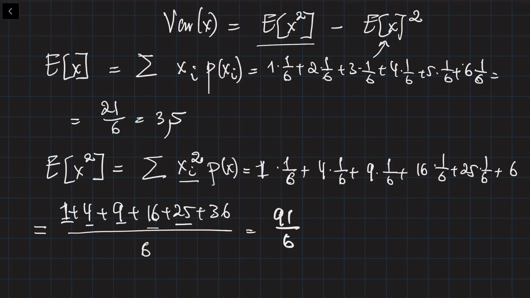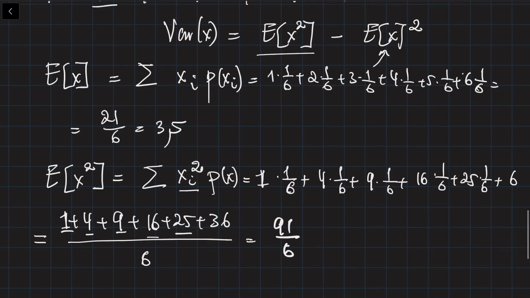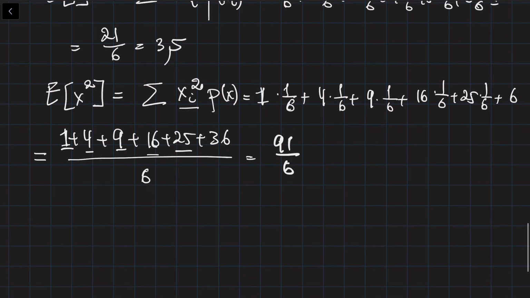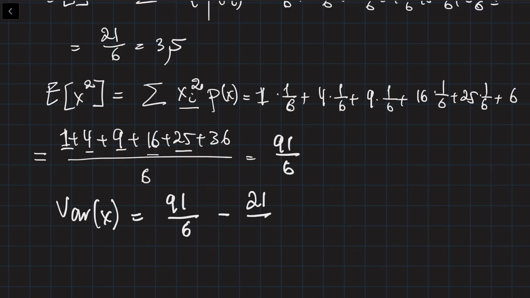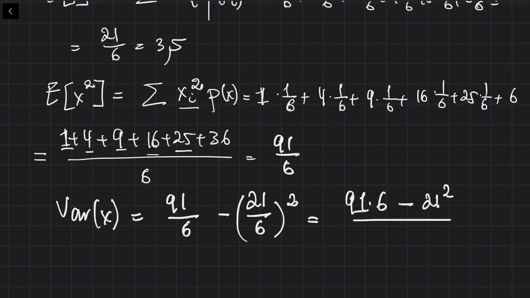So this is the E of x squared. We have calculated this as well, so I'm going to substitute this here. The variance of x is going to be 91 over 6 minus 21 over 6 squared, right? I'm going to multiply the 91 by 6 additionally in order to get the common denominator, and 21 squared, divided by 36.